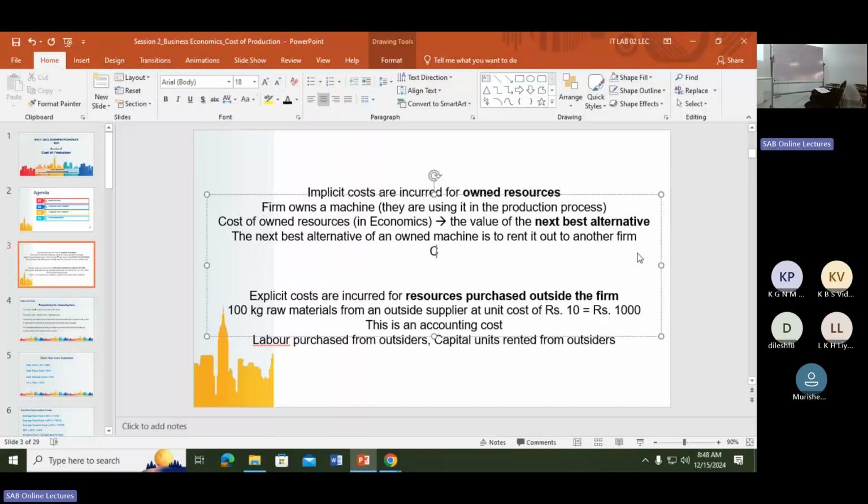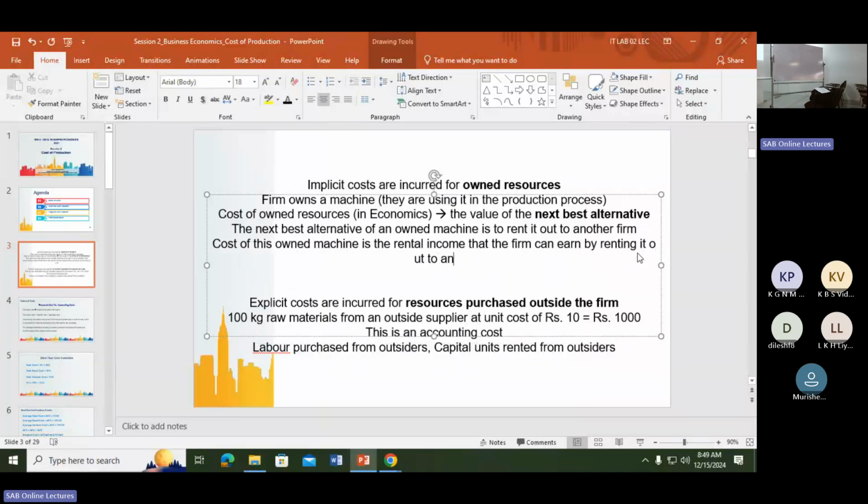So the cost of this own machine is the rental income that the firm can earn by renting it out to another firm.